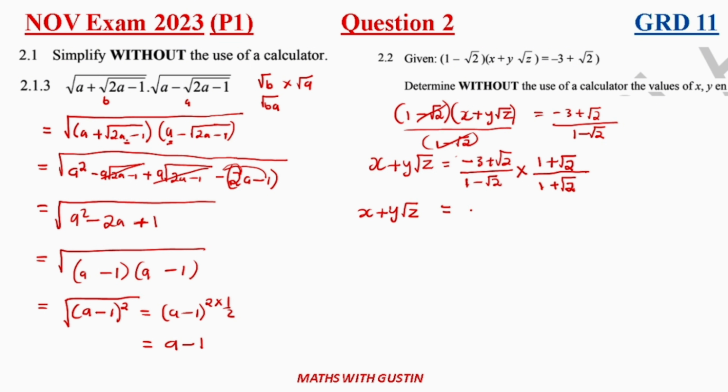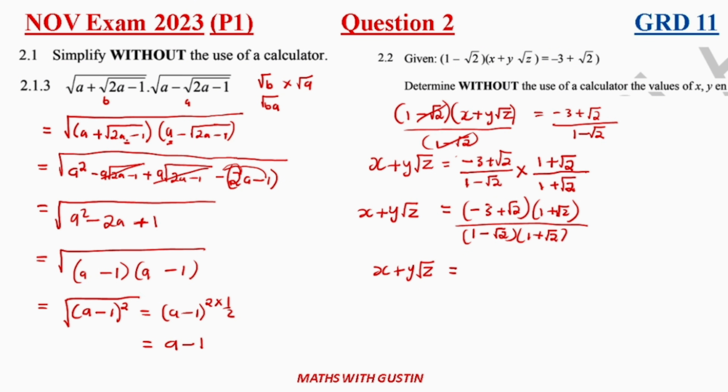You can also rewrite this as negative 3 plus square root of 2, all multiplied by 1 plus square root of 2, all over 1 minus square root of 2 multiplied by 1 plus square root of 2. The only thing that we need to do now is to expand using the binomial method and remove the brackets.